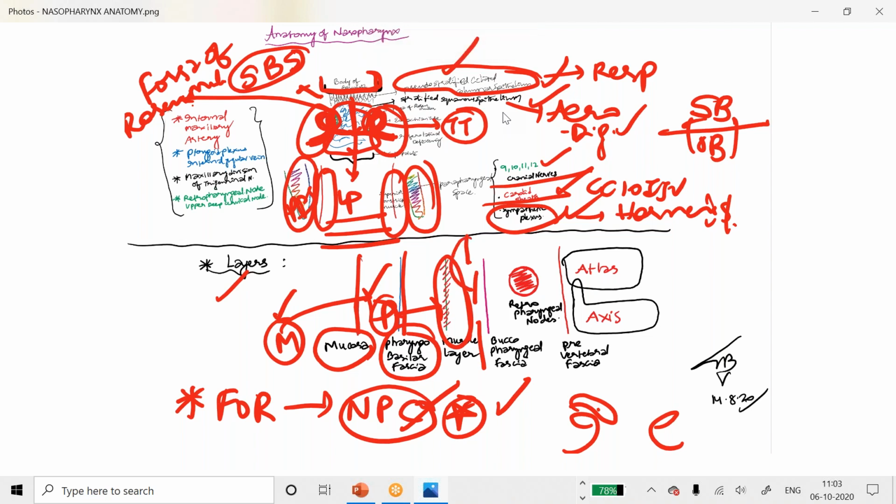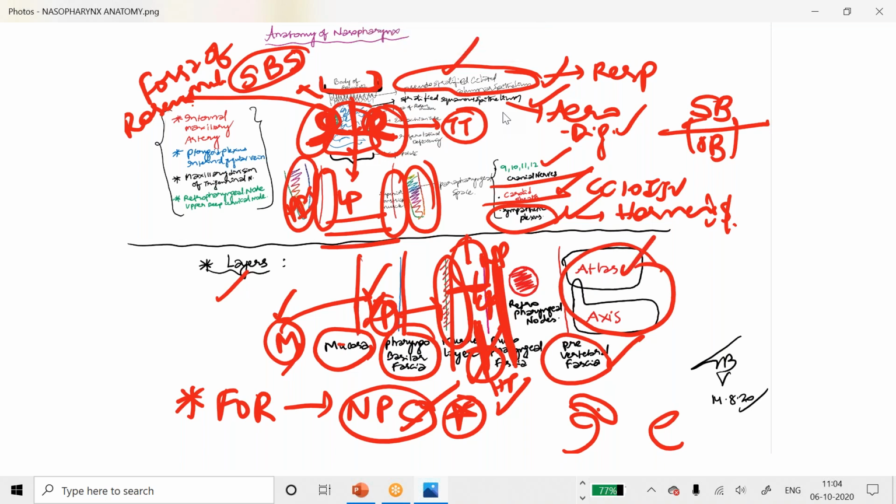Superior constrictor and middle constrictor help in the formation of the posterior wall of the nasopharynx and oropharynx, and below it the inferior constrictor, which is related to the hypopharynx. That is a different issue. So: mucosa, pharyngobasilar fascia, muscular layer, and the next layer will be the buccopharyngeal fascia.